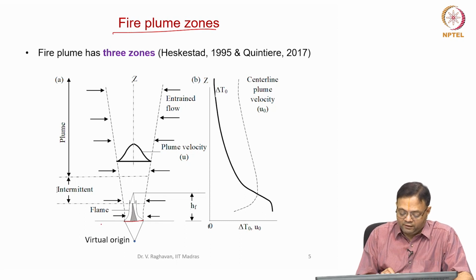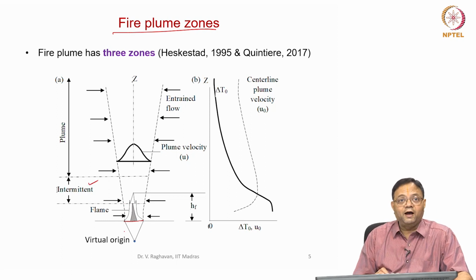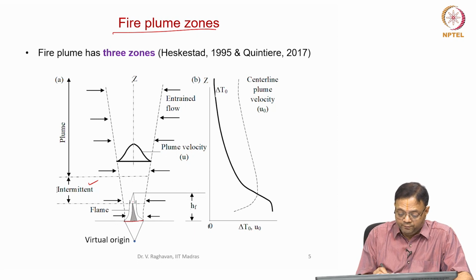You can see that a visible flame is seen up to a certain height, and after this height there is a zone called the intermittent zone, where the flame actually oscillates.